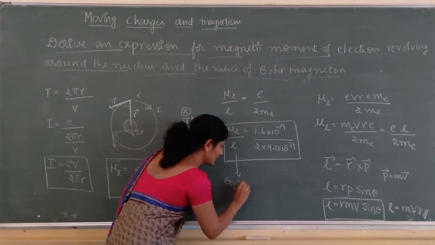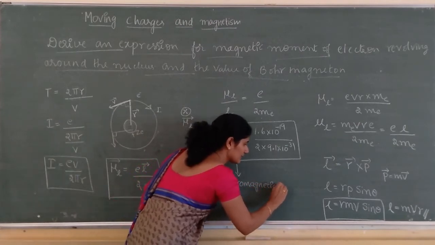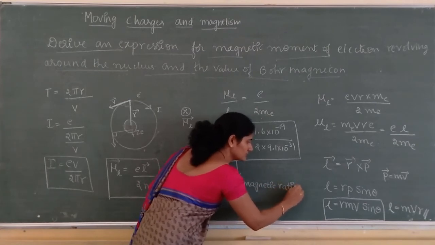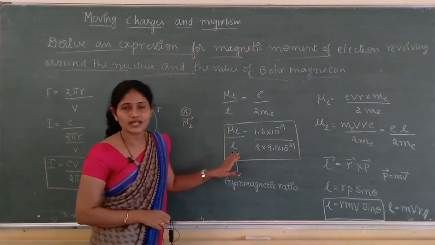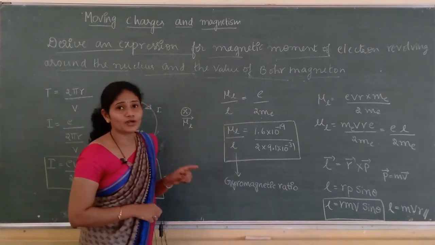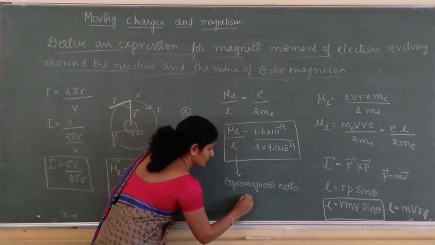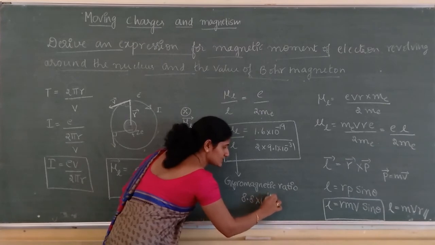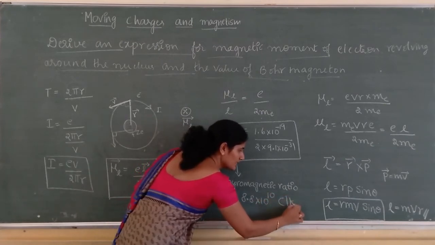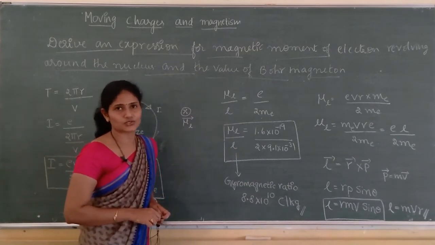So, we have the gyromagnetic ratio. The gyromagnetic ratio is a constant and its value is 8.8 into 10 to the power 10 coulomb per kg. Its value is 8.8 into 10 to the power plus 10 coulomb per kg. This is the value of the gyromagnetic ratio.